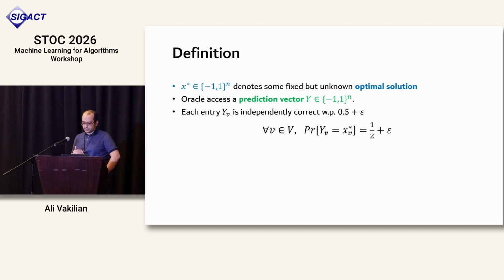So x star is some vector in {-1, 1}^n, and then the oracle also provides some predictions of this optimal labeling. But we assume, and this is the critical point, that these labels are independently correct with probability half plus epsilon. So just barely better than a random guess, but they are independently correct.